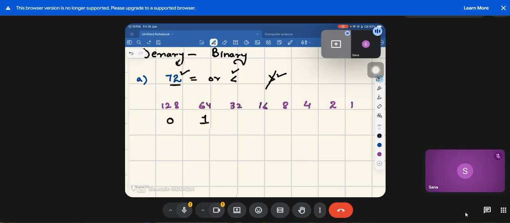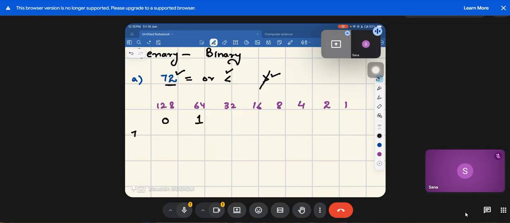Whatever value you pick, you are going to subtract that value from the number you are looking at. So 72 minus 64 is 8.